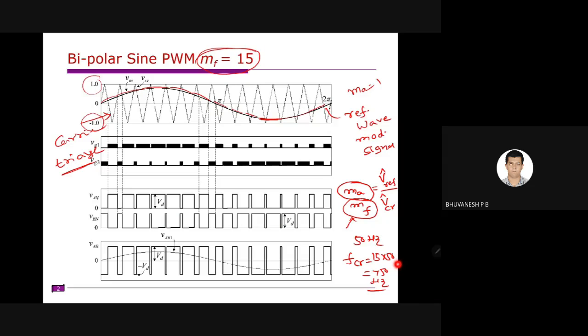So here, in case of bipolar, you require one triangle carrier and one modulating signal, that is one sine wave, right? This will control S1, S2 and S3, S4. The firing signals for S1, S2 and S3, S4 are the same. You might have studied this triangle carrier comparison in BTech.